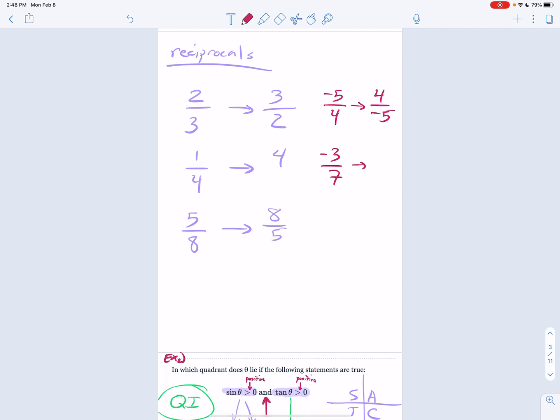-3/7. The reciprocal is 7/-3. I'll do one more. -2. The reciprocal is -1/2, or 1/-2. It doesn't matter. Okay.